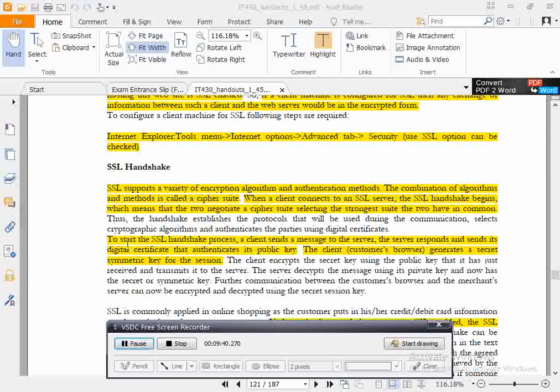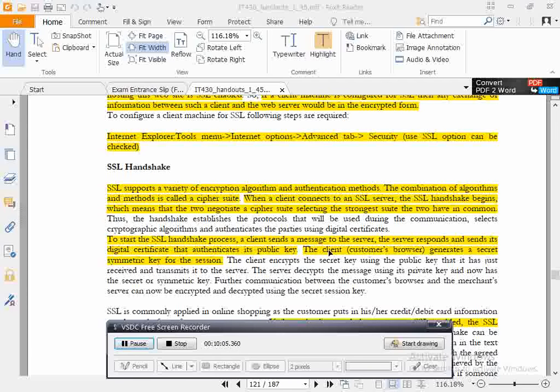To start the SSL handshake process, a client sends a message to the server, and the server responds and sends its digital certificate that authenticates its public key.